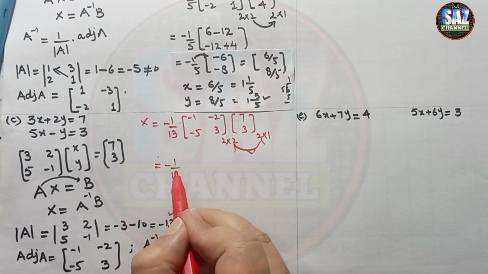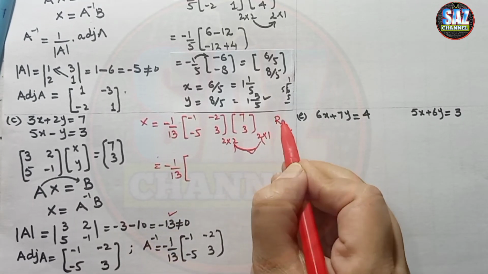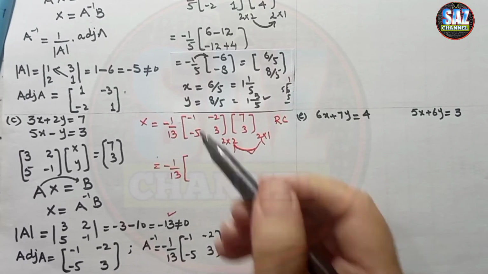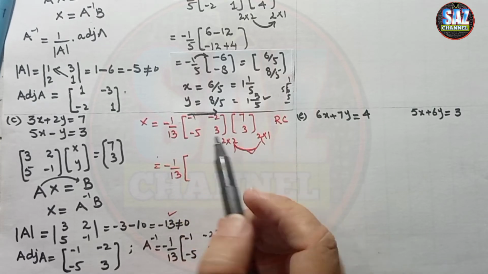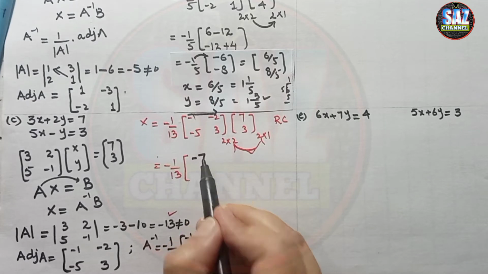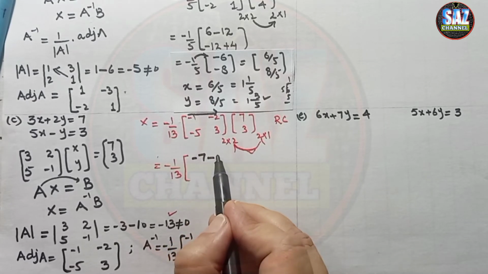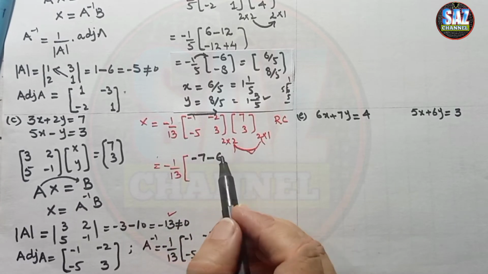Minus 1 over 13 into, apply the RC rule. Take the first row of the first matrix and repeat with all the columns of the second. Minus 1 multiplied by 7 is minus 7, and 2 times 3 is 6 with minus sign. With the first row, the column has been done.